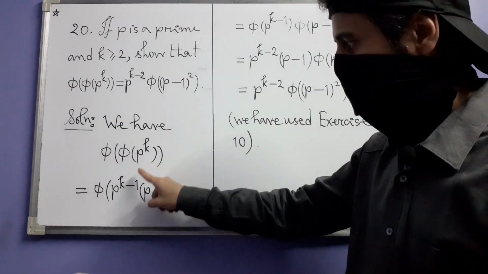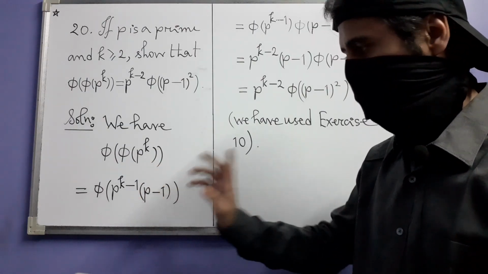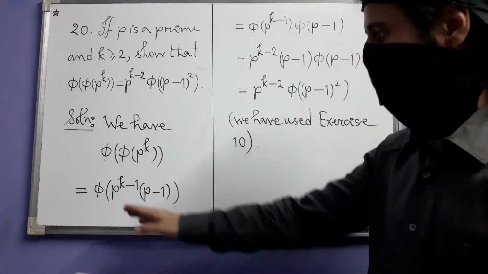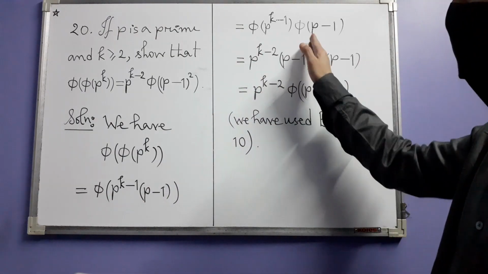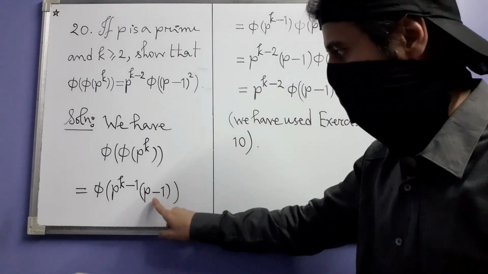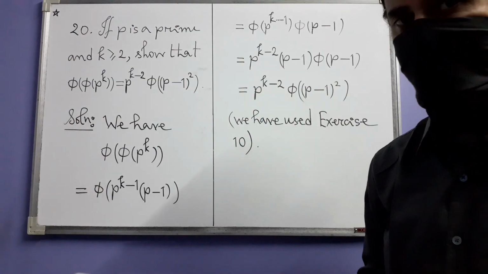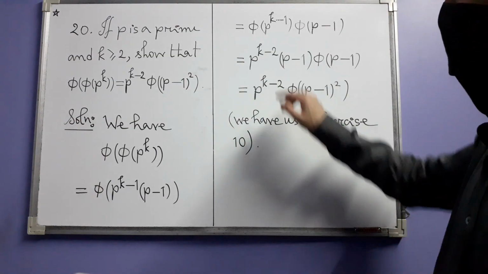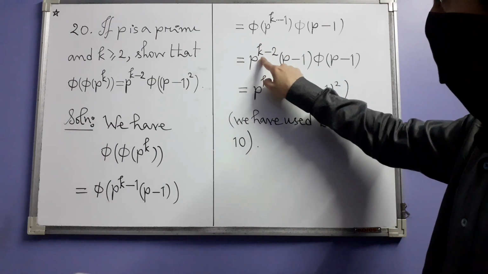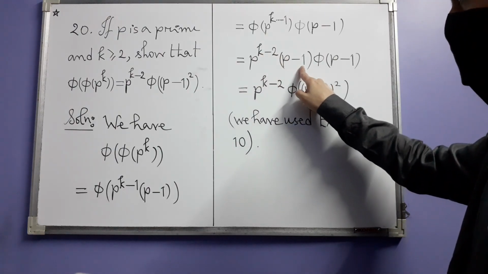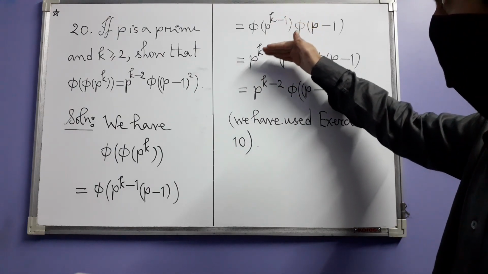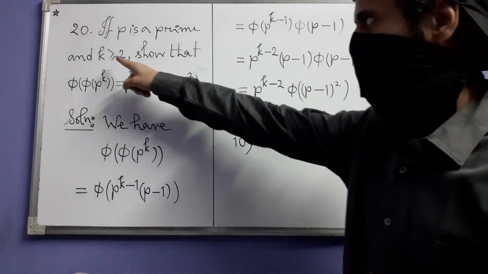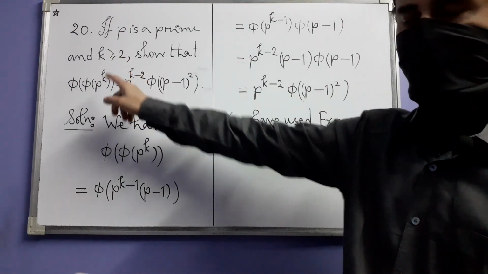Phi of p to the power k is p to the power k minus 1 times p minus 1, and then we can distribute phi over this product because this and this are co-prime, they are relatively prime. Then similarly, this one is p to the power k minus 2 times p minus 1. Note that in order to have these calculations, we need k to be at least 2.